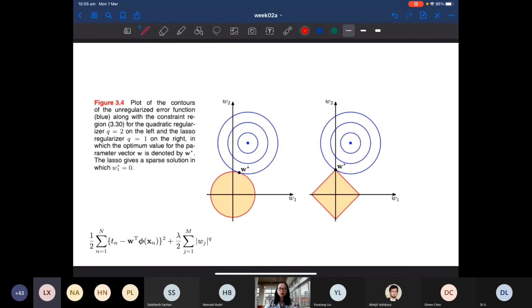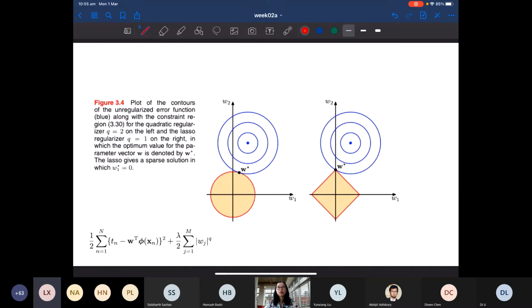So the next plot, figure 3.4, essentially reiterates this, right? The blue contour circles are essentially contours of weights, and the red line plus the shaded red circle and diamond are the surfaces of the regularizer.